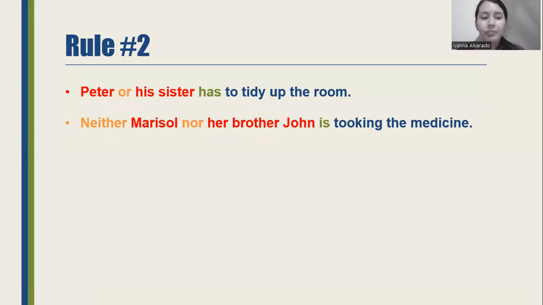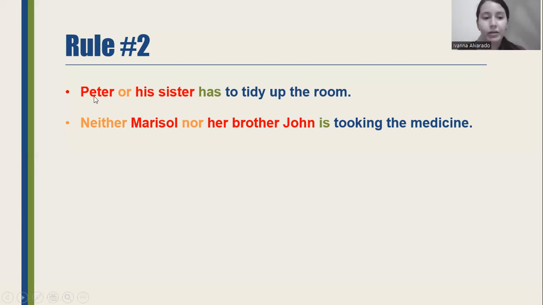Next, we have examples with rule number 2. In the same way, we have 2 sentences. The sentences are: Peter or his sister has to tidy up the room, and neither Marisol nor her brother John is taking the medicine. In these sentences we have singular subjects connected by or in the first sentence, and in the second sentence 2 singular subjects connected with neither and nor.